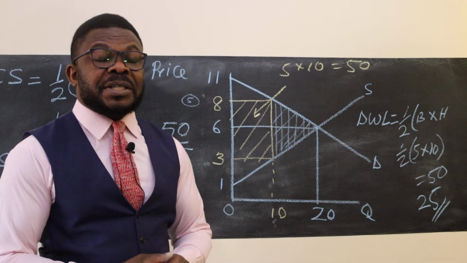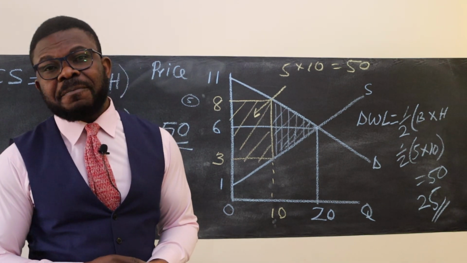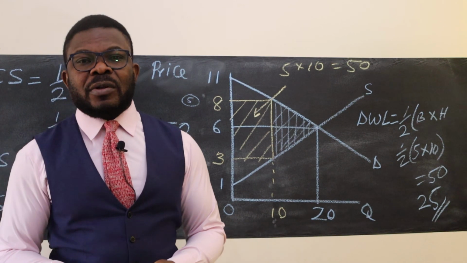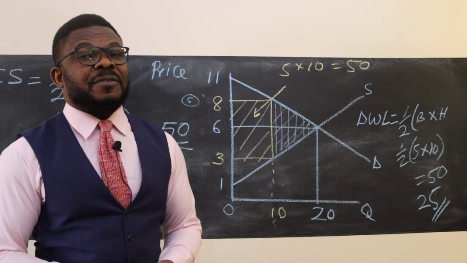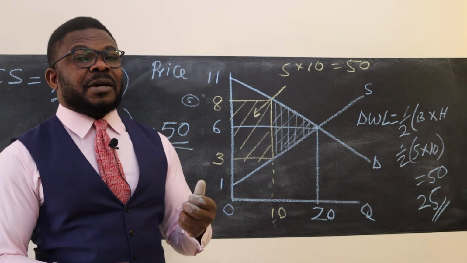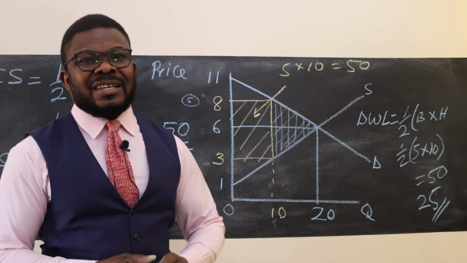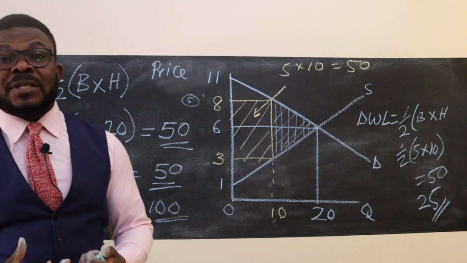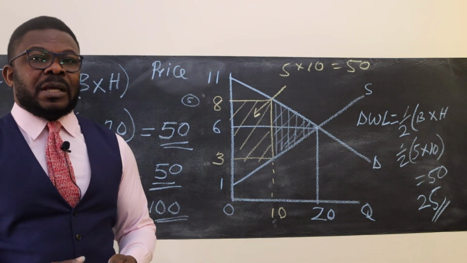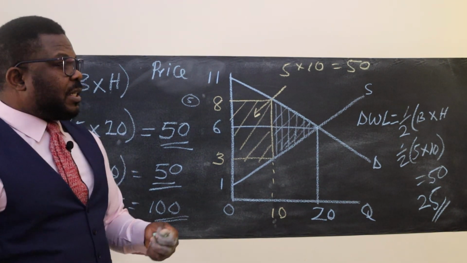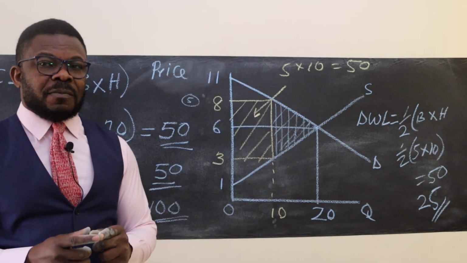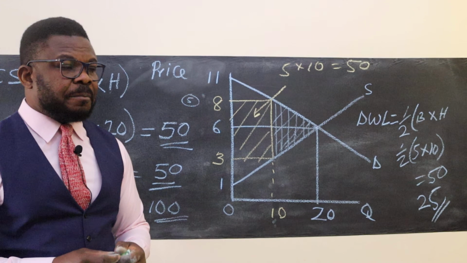If you are asked in the exam to calculate all these things that we've gone through, here is all you have to bear in mind. Sometimes the consumer surplus amount is the same as the producer surplus amount. And most of the time, the deadweight loss is a very small number, depending on what numbers have been given to you in a graph.